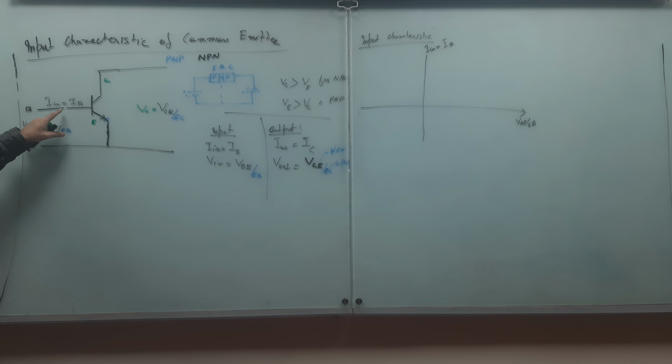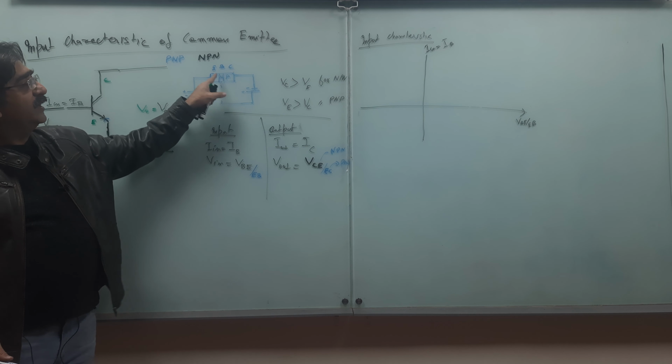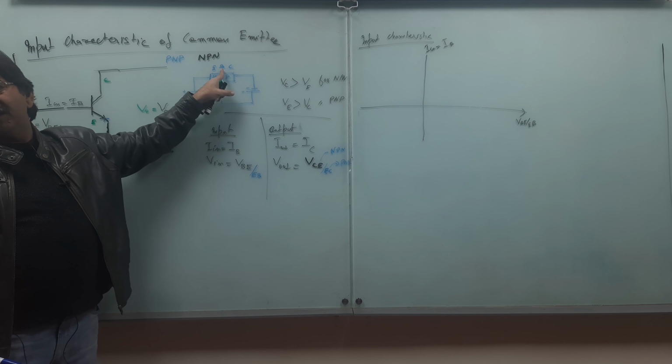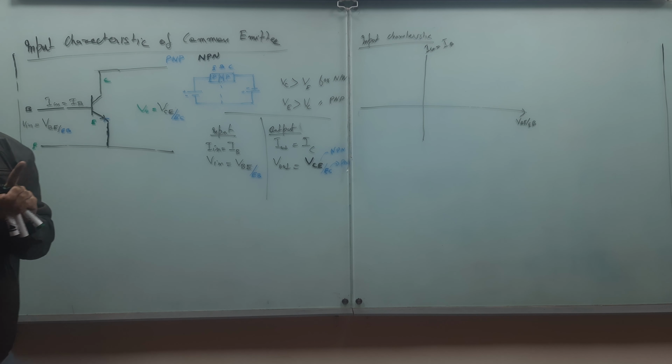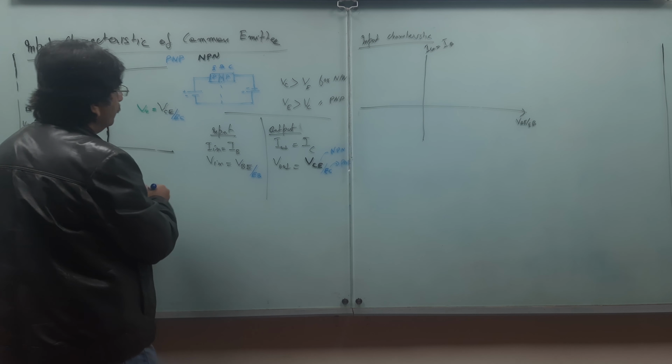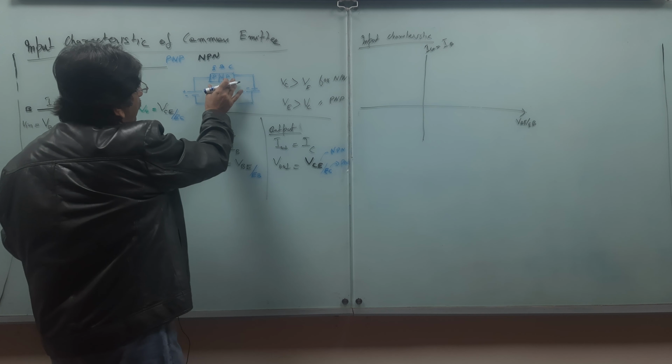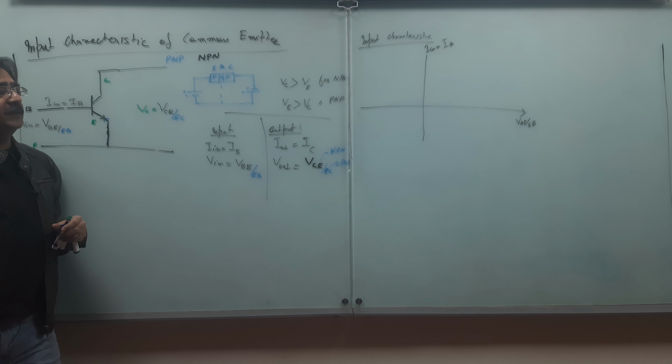Okay, the base emitter junction will always be forward biased, even if it is an NPN or a PNP. For this, the base will be forward biased. Okay, and the input characteristic will be forward biased.